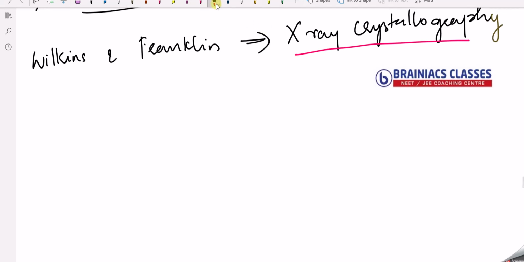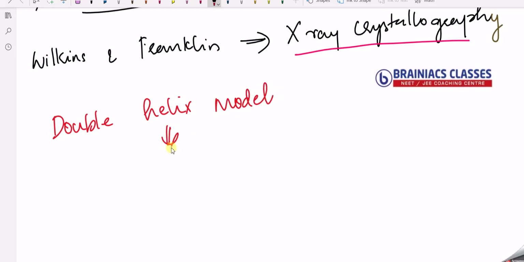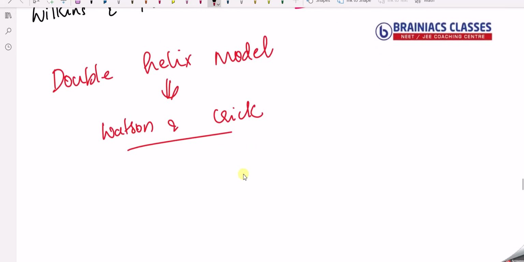What is the name? It is the double helix model, proposed by Watson and Crick. For that they were awarded the Nobel Prize. So they proposed this double helix model.